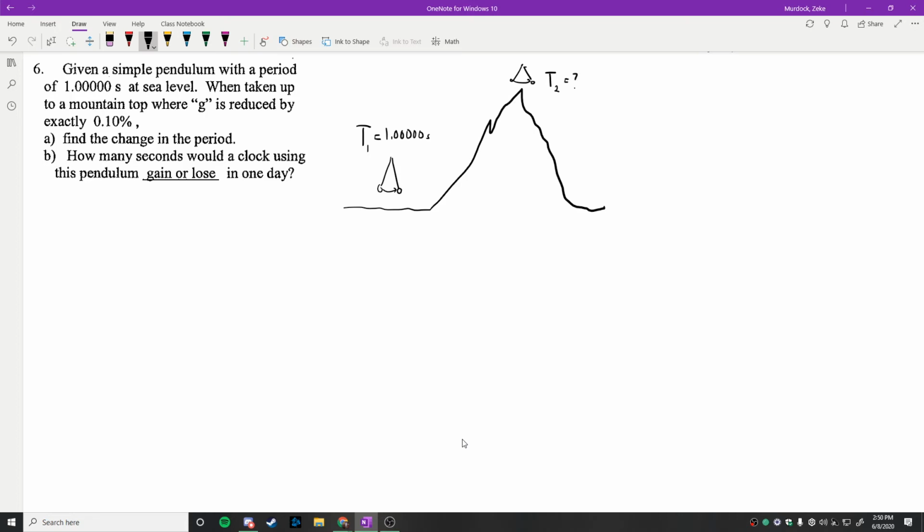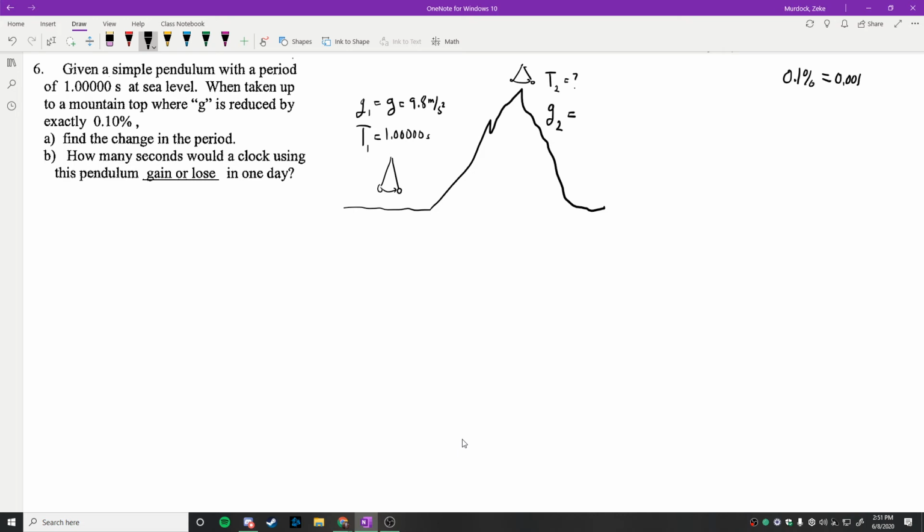What we know is that if we call the acceleration due to gravity down here just g, our normal g, that's 9.8 meters per second squared, then when we come up to here, g2, on top of the mountain, you guys know that the farther away you get from the center of the Earth, gravity goes down, right? So up here we're going to say that it's reduced by 0.1%, and 0.1%, just to be clear about this, is basically equal to 0.001.